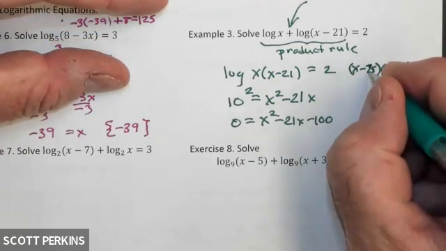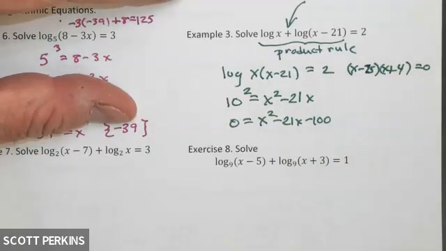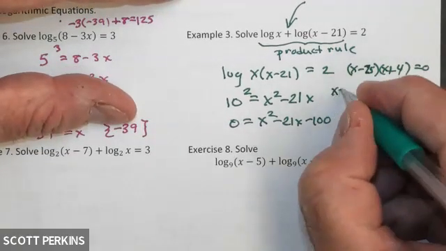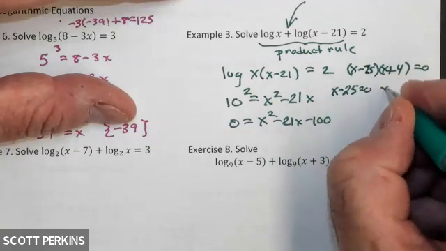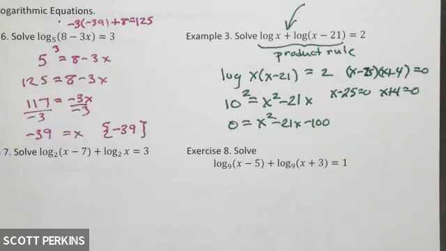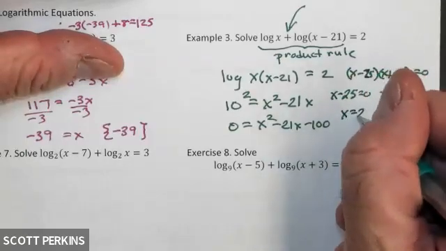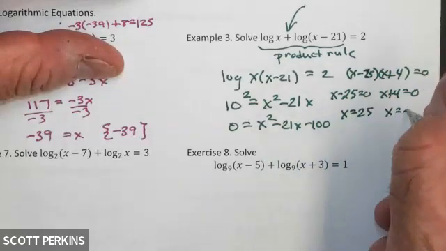It does kind of look like a 15, but we'll make it look a little better. So that means I have x minus 25 equals 0 or x plus 4 equals 0. Hopefully you've solved enough quadratic equations in your life that this is sort of looking familiar. And so I have two possible answers, but of course I have to check them and make sure they fit in my domain. So either 25 can be an answer or -4 can be an answer.